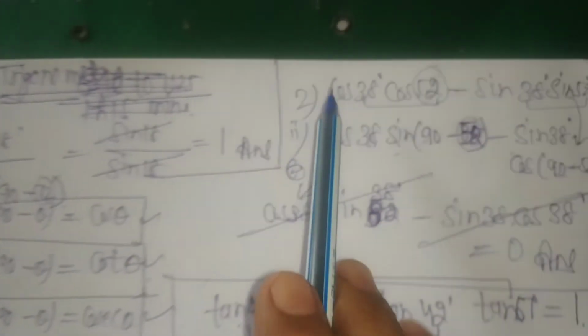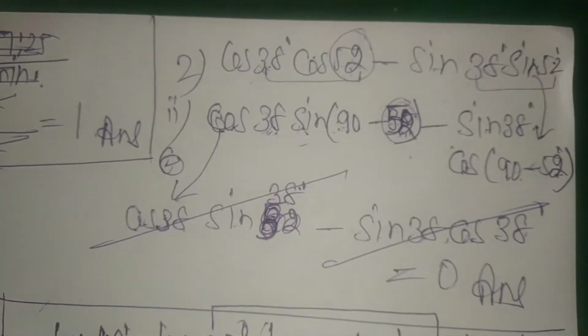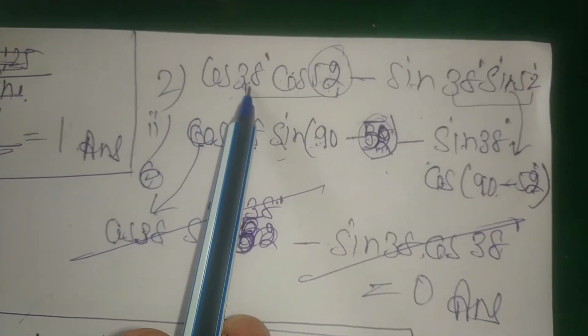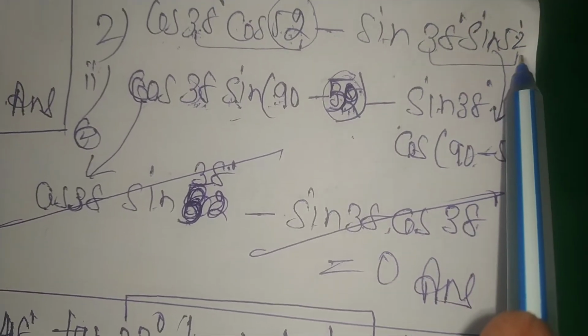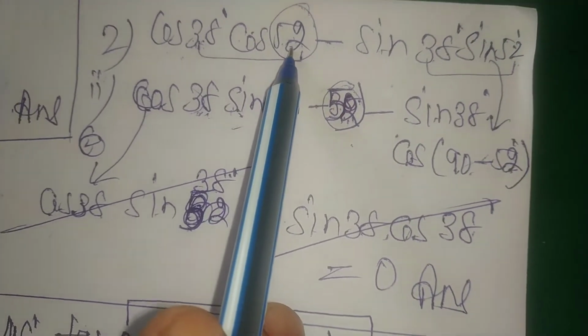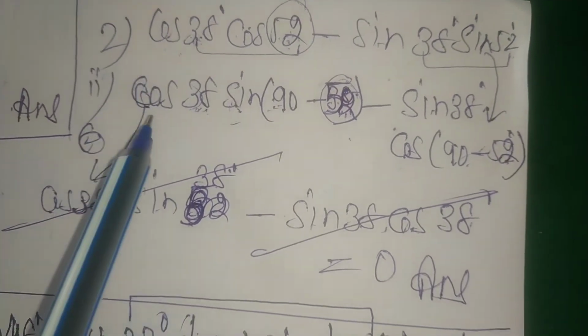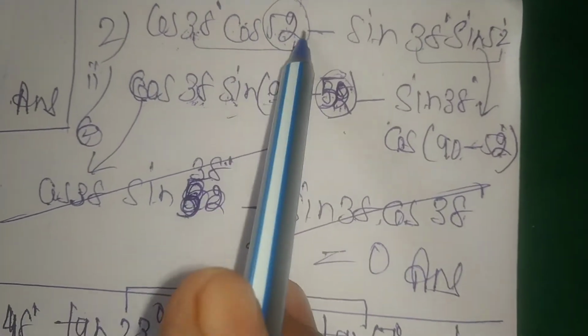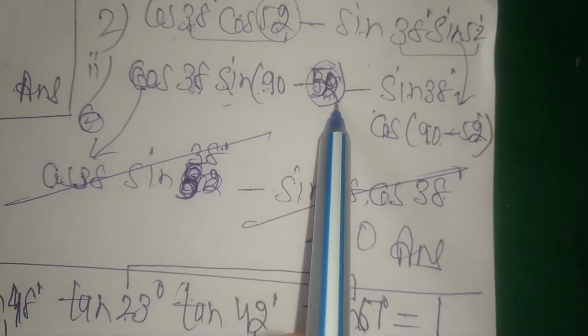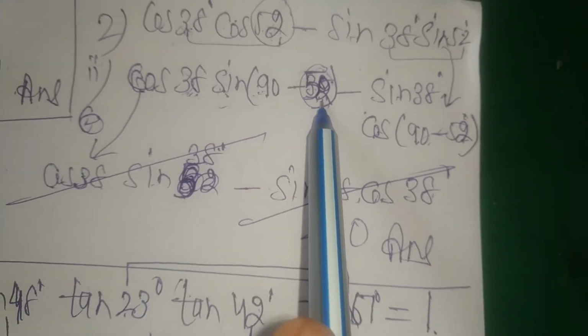So now come to question number 2. I am doing the second part. cos 38 cos 52 − sin 38 sin 52. Again concentrate on the larger angle. The smaller angle will remain as it is, students. cos 38 stays cos 38, and cos 52 will be sin(90 − 52) = sin 38.